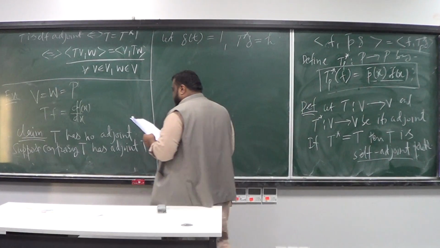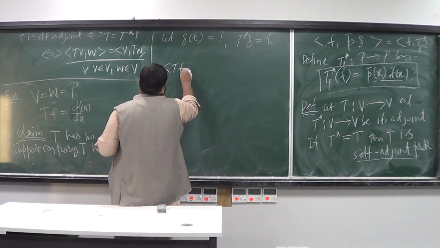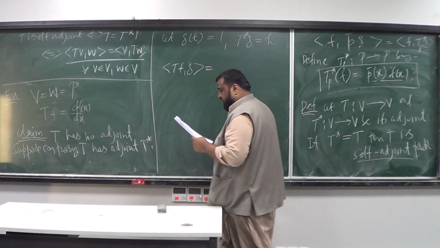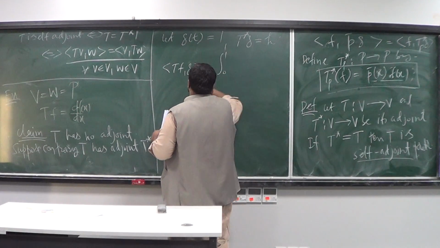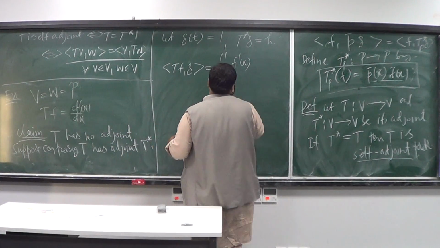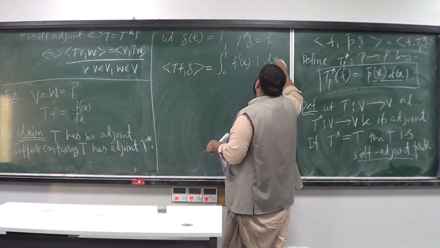Now from the fundamental theorem of calculus, let's calculate the inner product of Tf with g. By definition, this is the integral from 0 to 1 of f prime of x times 1 dx.